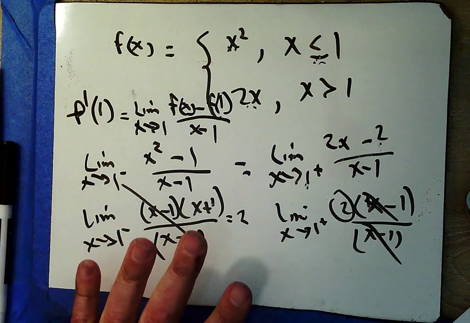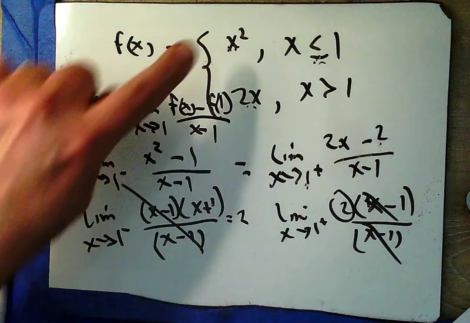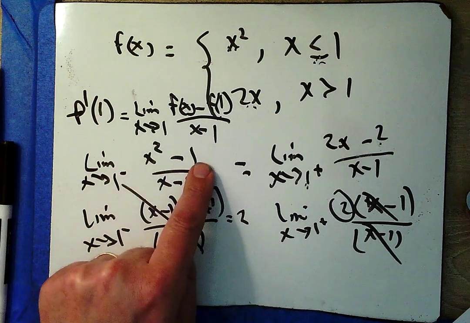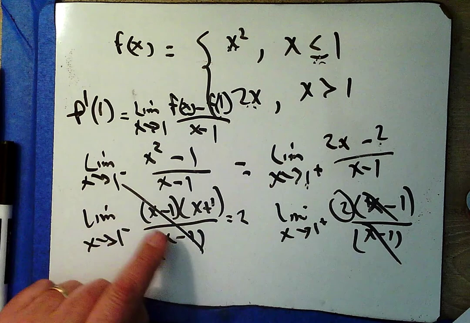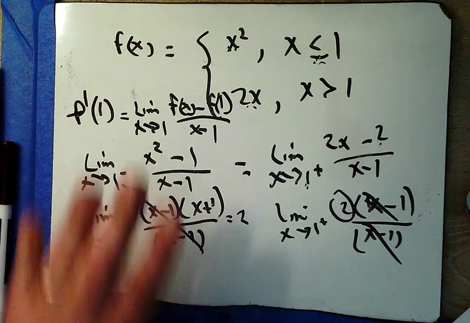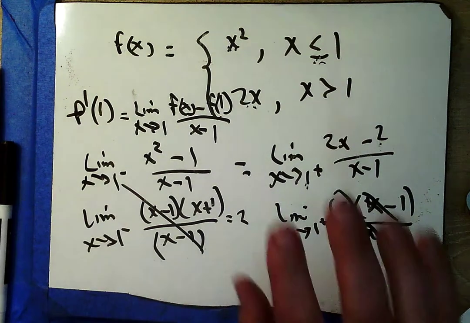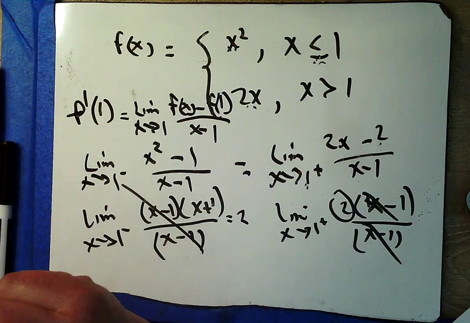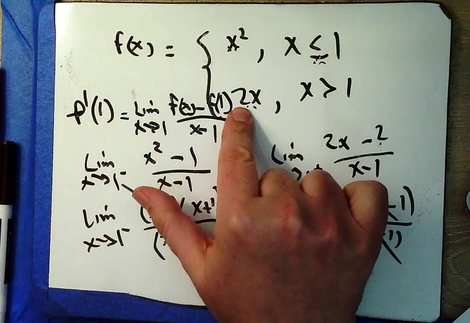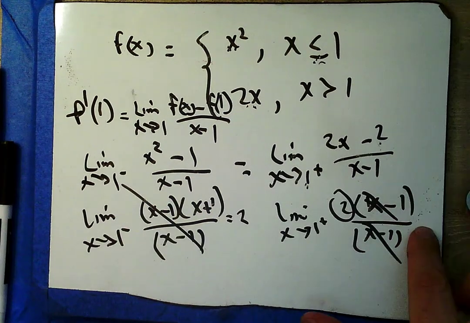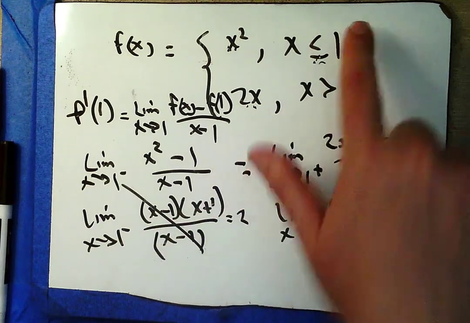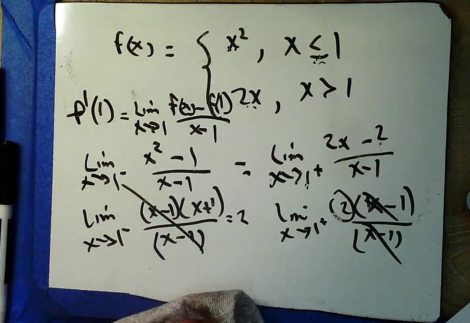So when I do this, the limit of the slopes over here was 2, because I did f of x minus f of 1 over x minus 1. I factored and canceled and plugged a 1 in and got 2. So I know the slope coming from the left is 2, and the slope coming from the right is definitely 2, because you know that slope is 2. So it has to be this way, and I take back what I said. To find f of 1 on this piece, I'm using this, not this. Okay. Now, this is not f prime of 1.